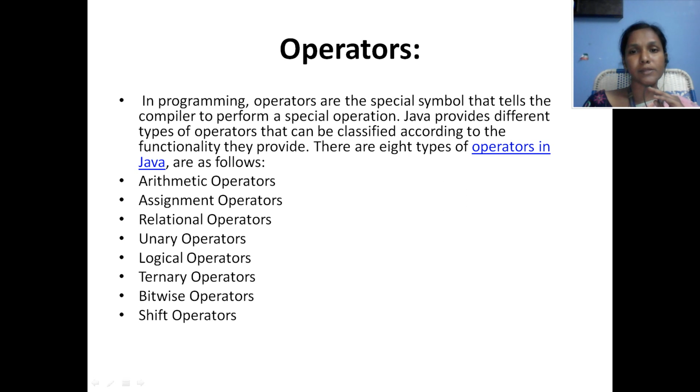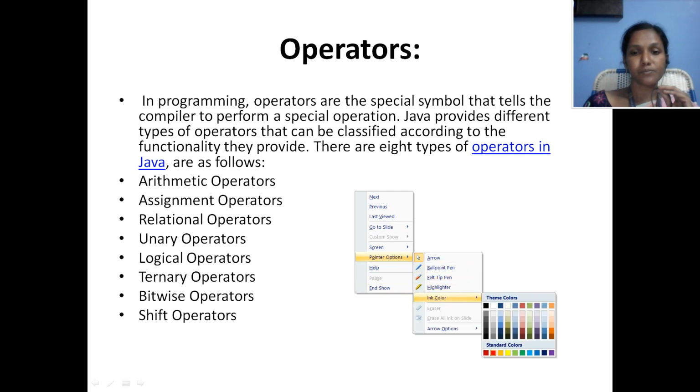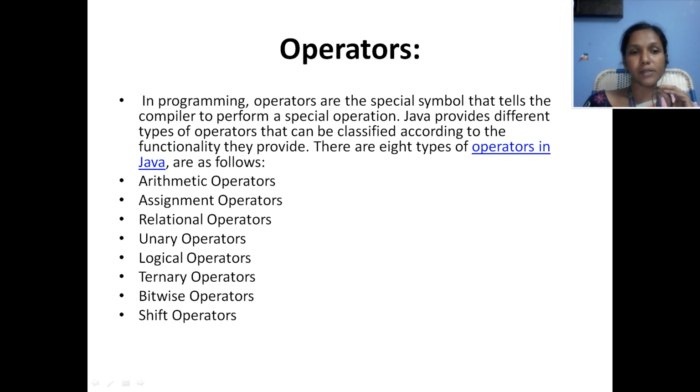Now, operators. So, what are operators? Operators are special symbols. By using operators, we can perform different operations. The operators in Java are categorized as arithmetic operators, where we use symbols like plus, minus, star, division, and modulus to perform arithmetic operations.